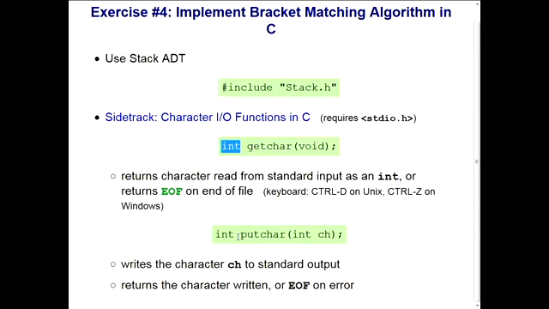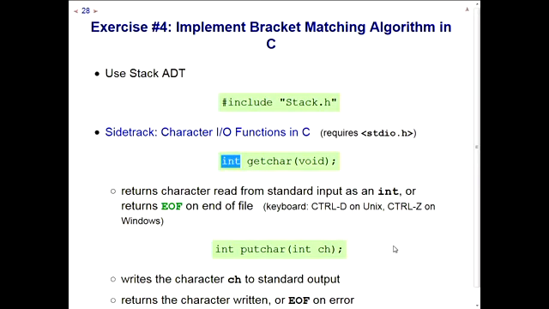Normally you can ignore it, but if you wish to test whether a character has been successfully written, then you can test whether it does return the character it should have written, or whether it returns EOF, end of file, on error. And with the help of this, we can now look at an implementation.